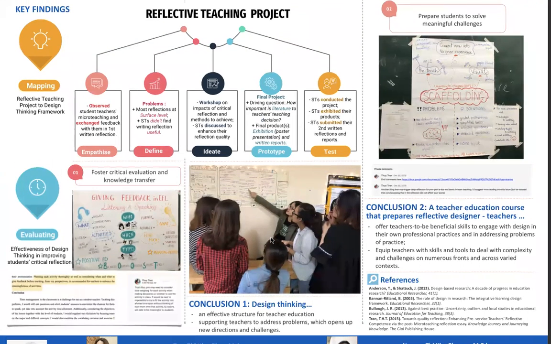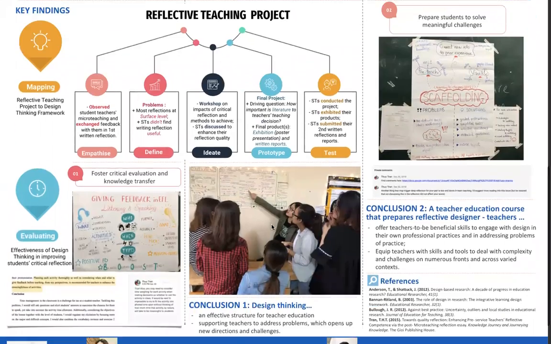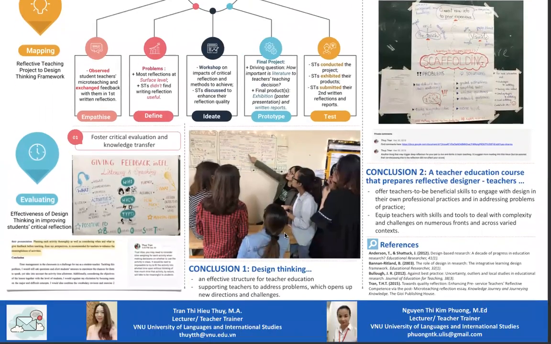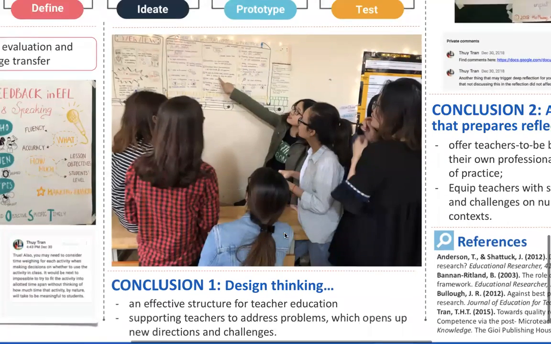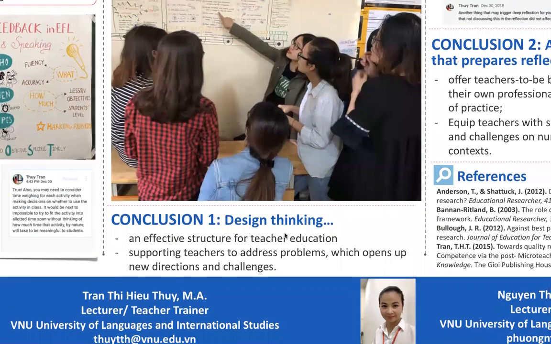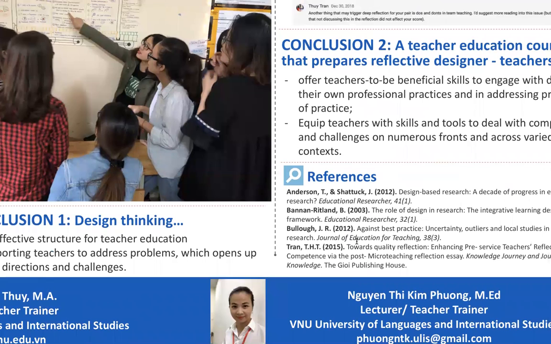So from these key findings, we'd like to come to the conclusion, to two conclusions, in fact. The first conclusion is regarding design thinking. We can see that design thinking can be an effective structure for teacher education, and it can support teachers to address the problems, and which open up new directions and challenges, especially in research area and practice area as well.